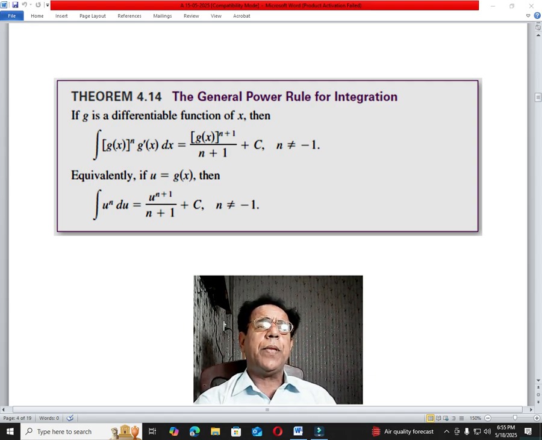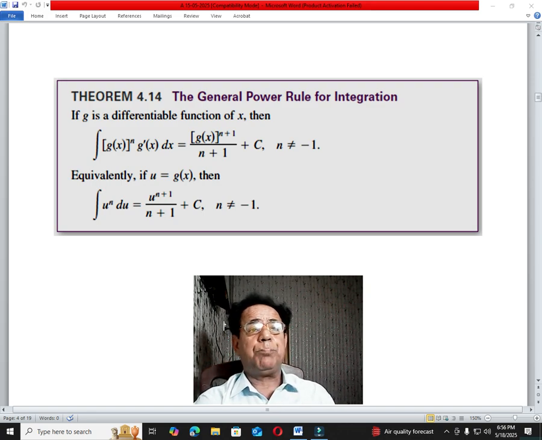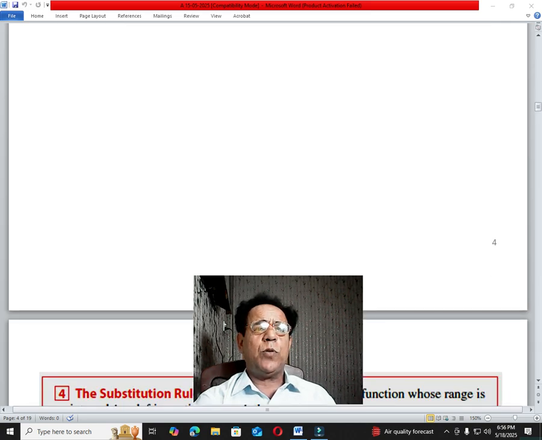That is to say, in integration we increase the power by 1, and then that increased power appears in the denominator, and we add a constant c. Moreover, the denominator must not be equal to 0, because division by 0 is not allowed. This is a basic principle of mathematics.